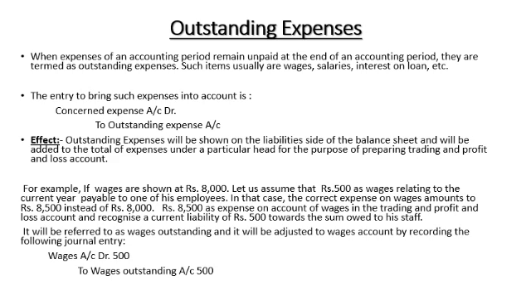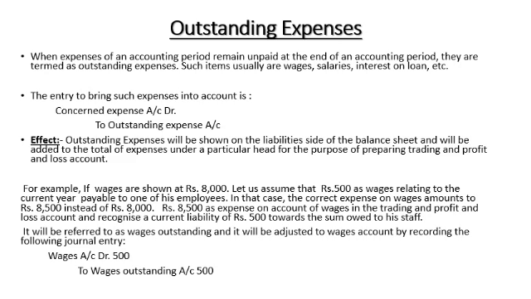Now, how will you pass the journal entries? The entry will be passed: expenses account debit to outstanding expenses, like wages account debit to outstanding wages. So when wages are debited, it means the wages will be increased. And the outstanding wages is referring to liabilities, which will be increased.